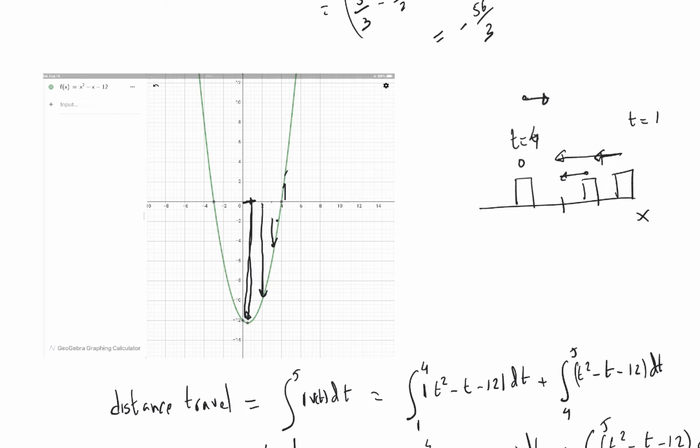So the relation between the velocity and the position is that the velocity is the derivative of s with respect to t. If you make the graph of position s with respect to the time t, the velocity is the slope of the graph.